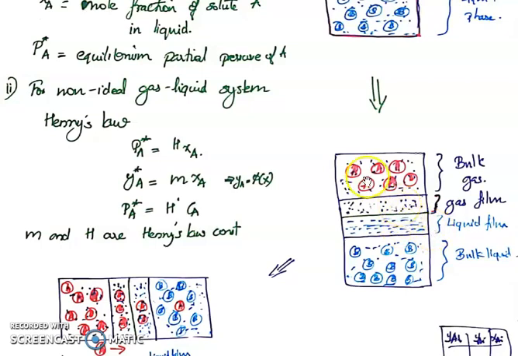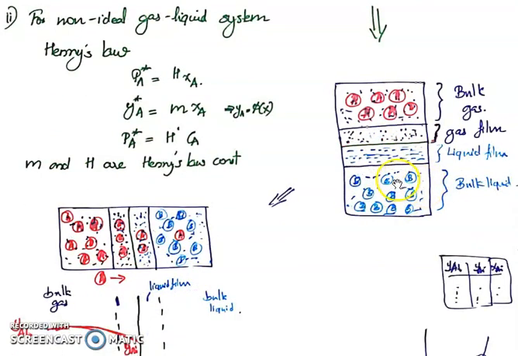Now if the molecules of A need to diffuse from the bulk gas to the bulk liquid, they will have to cross the gas film and the liquid film. In other words, the gas film will offer a resistance to mass transfer. Similarly, the liquid film will also offer a resistance to mass transfer. As a result, the molecules have to overcome these two resistances and reach the bulk liquid.